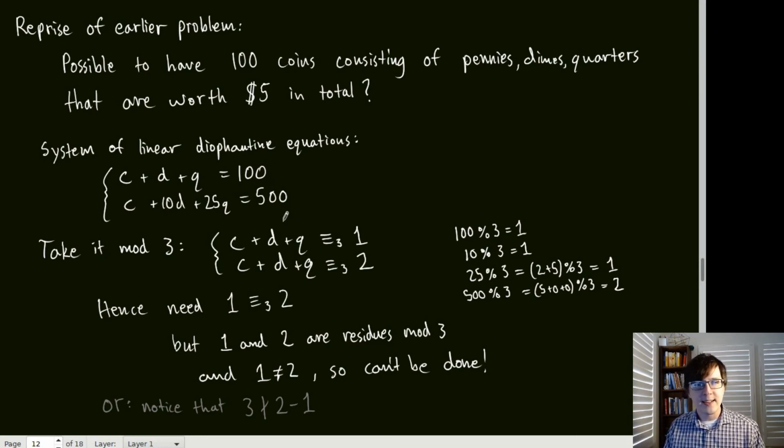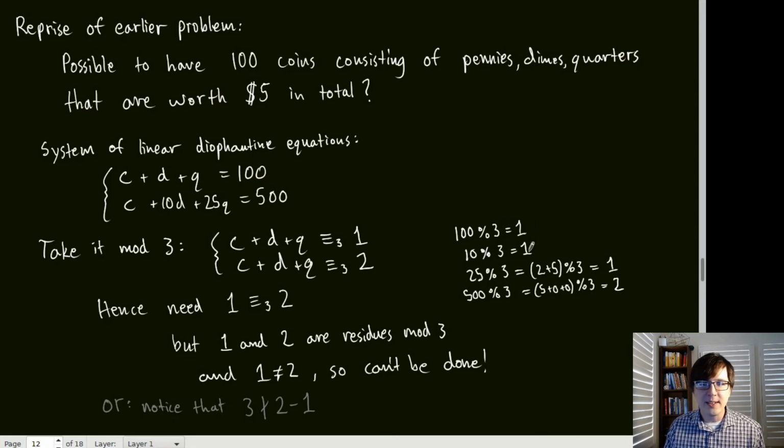If we did, then we could take these equations mod 3. And so a couple observations: 100 mod 3, the remainder after division, is 1, because 3 times 33 is 99, and we have 1 remaining.